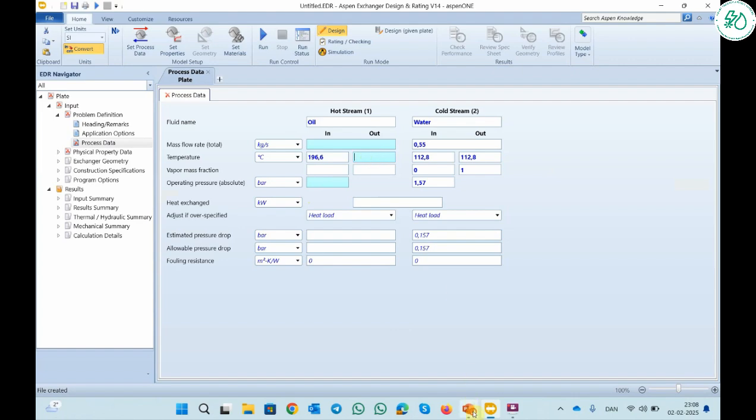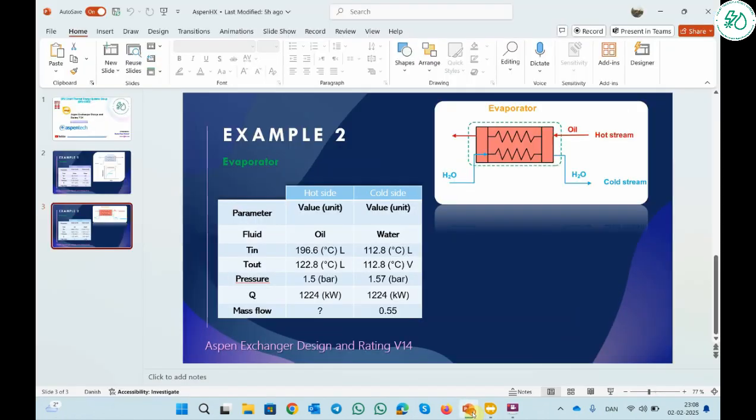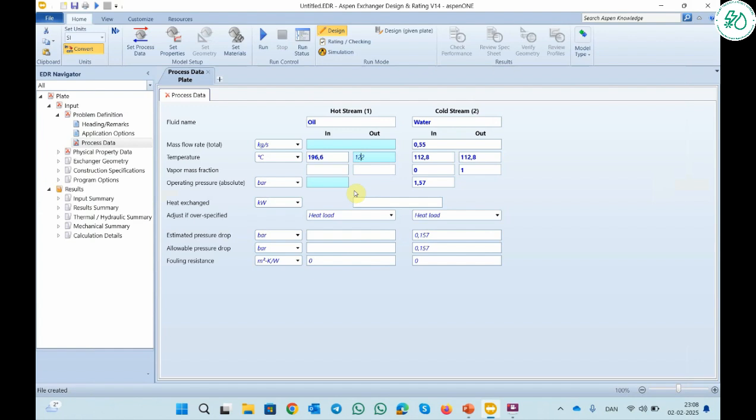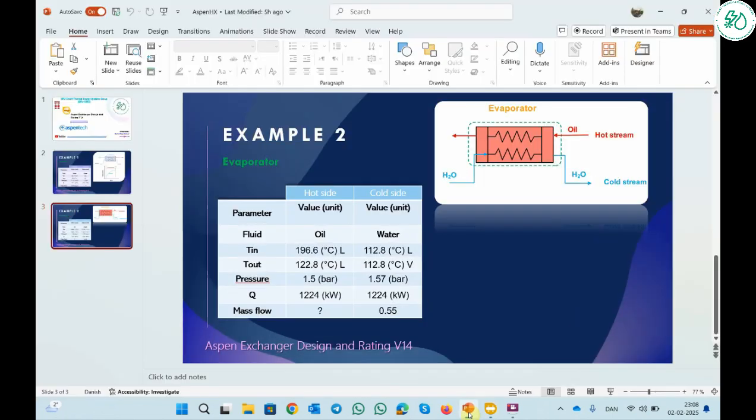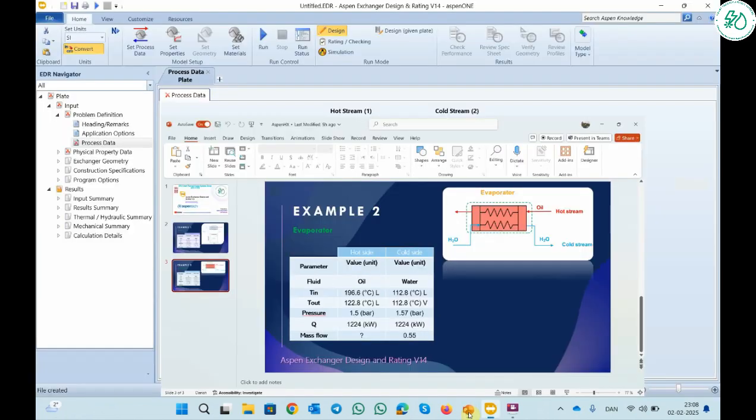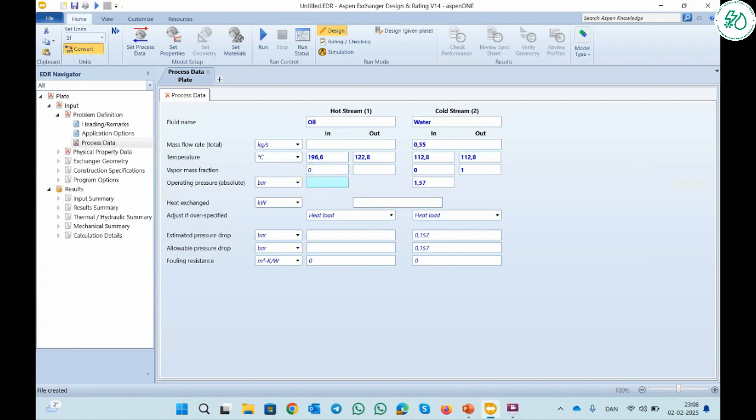and for the output or outlet, the temperature is about this value. Both input and output are liquid, and we should enter 0 for vapor mass fraction.